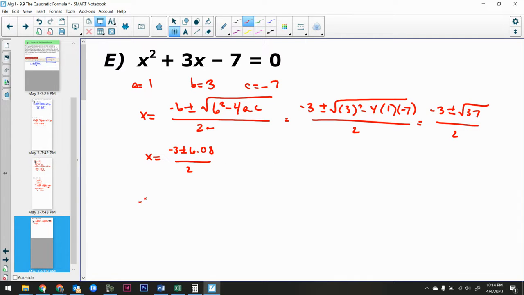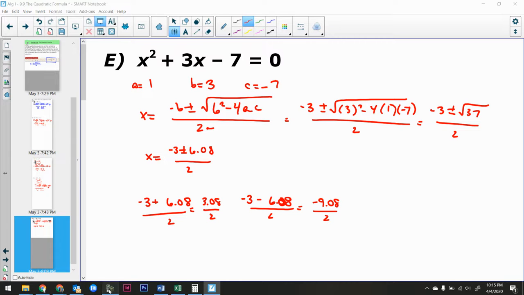So we've got negative 3 plus 6.08 divided by 2, and negative 3 minus 6.08, all divided by 2. So 3.08 over 2 and negative 9.08 over 2.